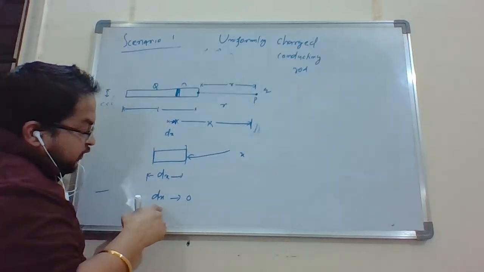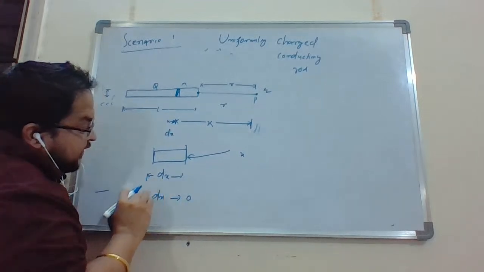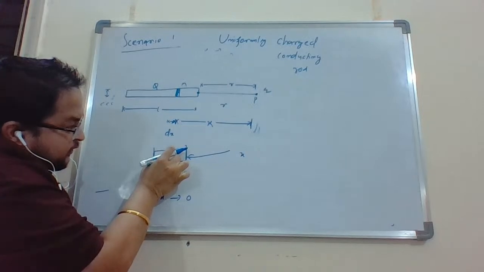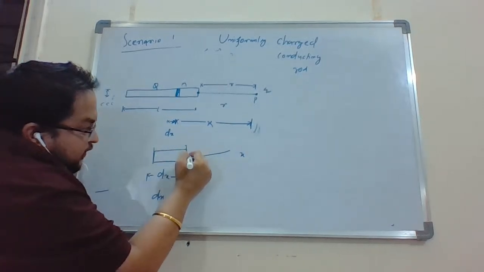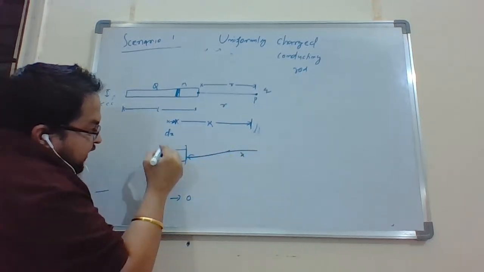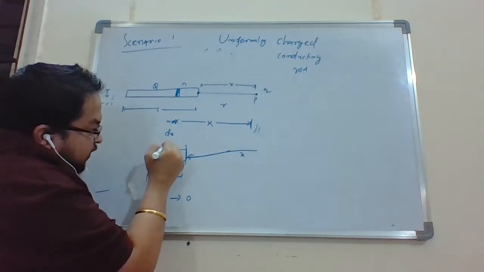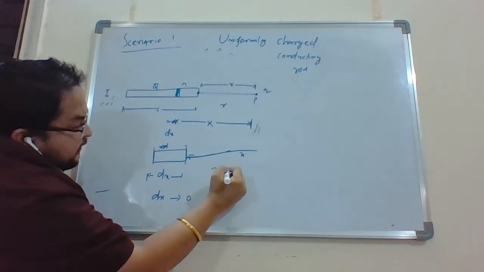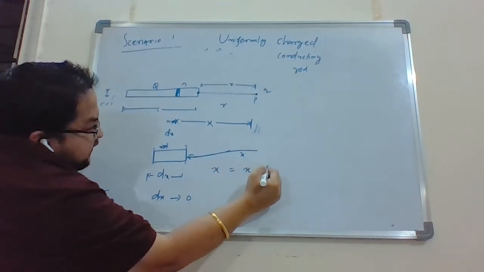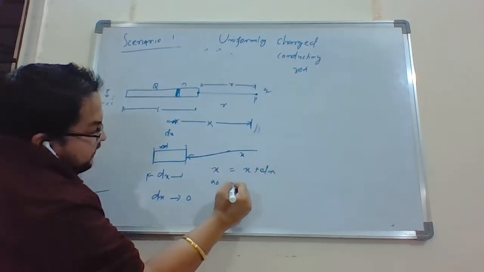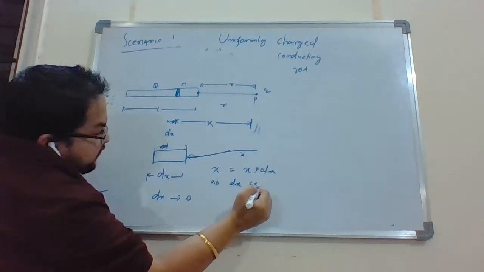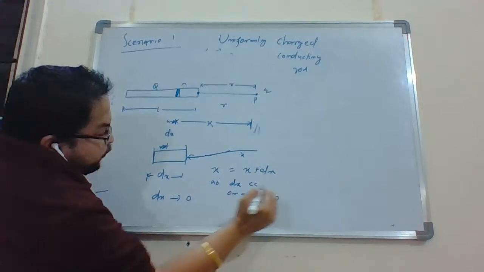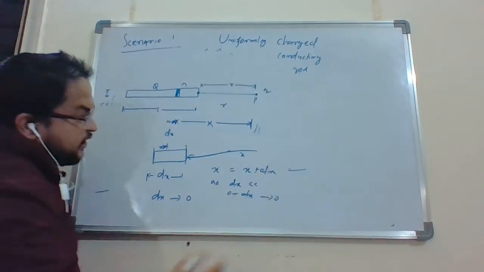So delta x tends to 0. If it tends to 0, can I say that if this distance is x, this end part is nothing but x plus dx, and can I say x equals x plus dx as dx is very, very small, or as dx tends to 0?